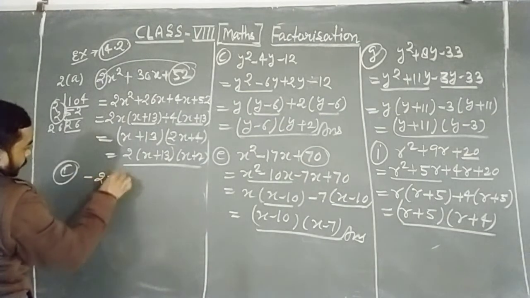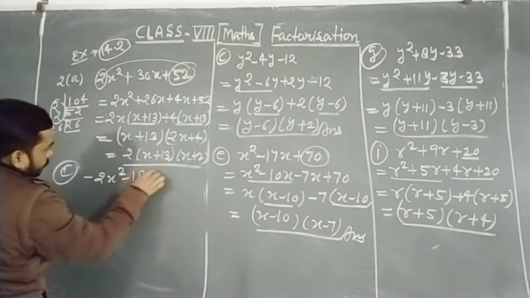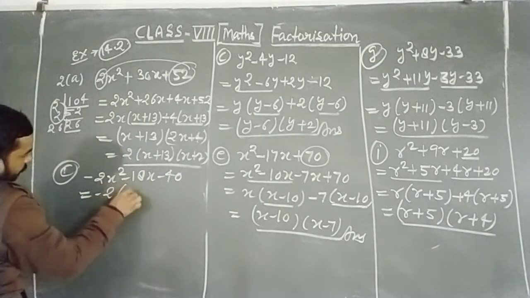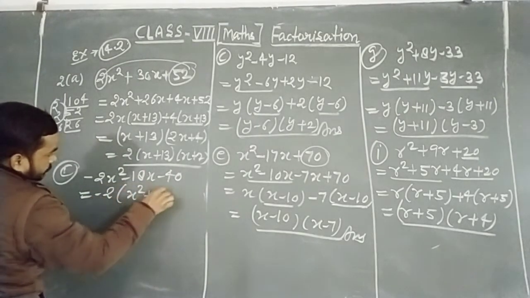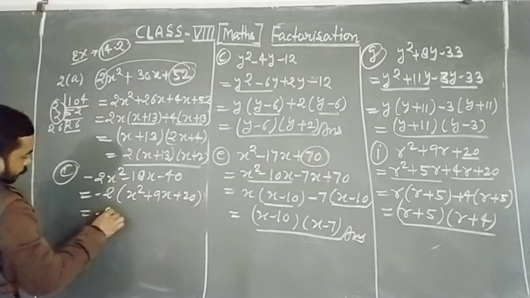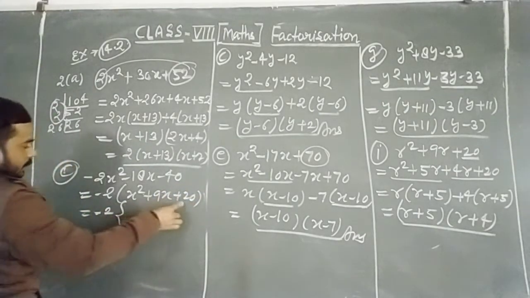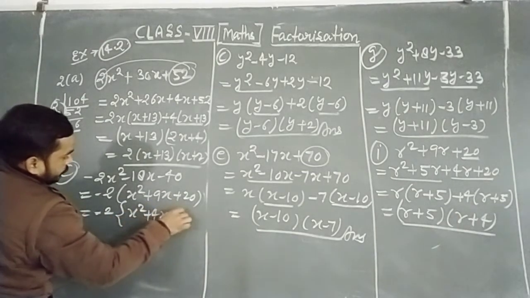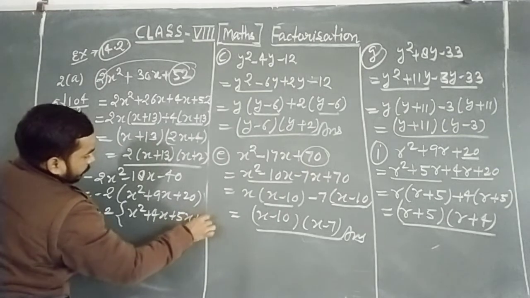Minus 2x square minus 18x minus 40. Take minus 2 as common, so x square plus 9x plus 20. So minus 2, factors of 20 are 4 and 5, so x square plus 4x plus 5x plus 20.